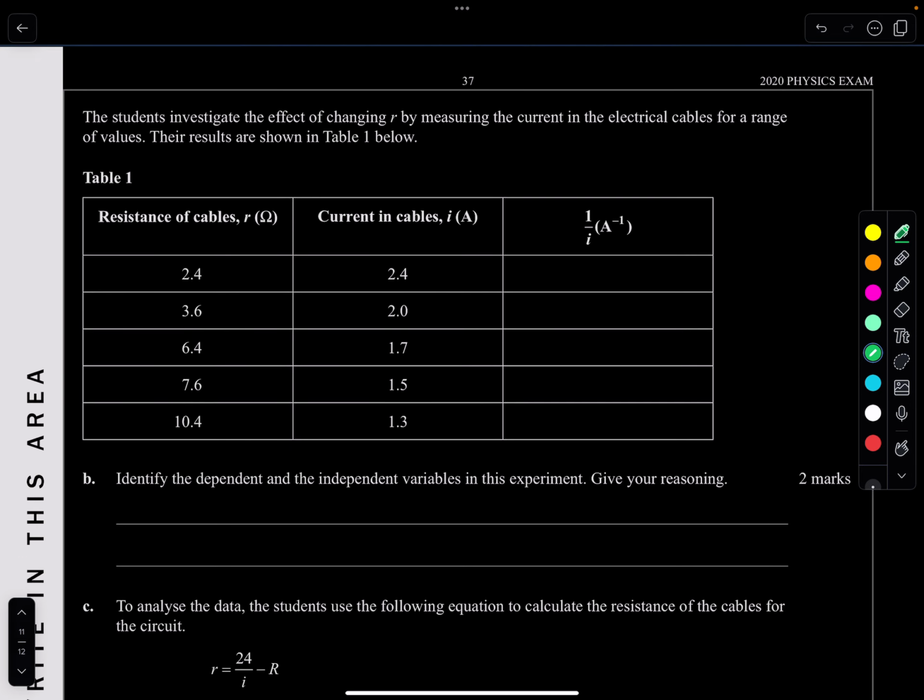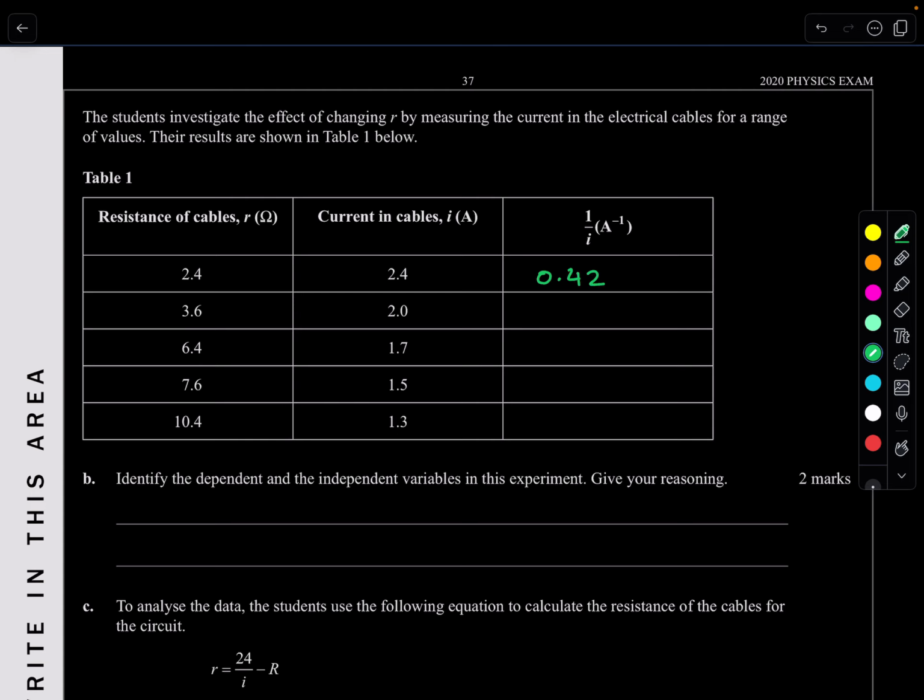The students investigate the effects of changing R by measuring the current in the electrical cables for a range of R values. Their results are shown. We're given the resistance R and the currents in the cable, so we're now just calculating 1 over I. 1 over 2.4 gives me 0.42.